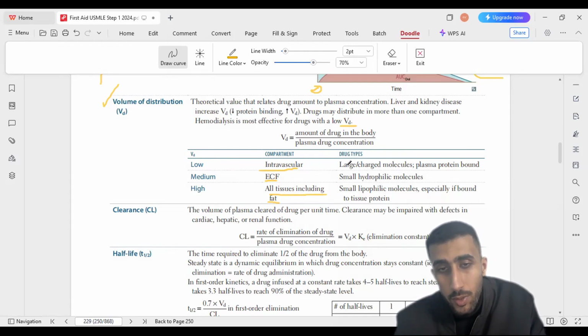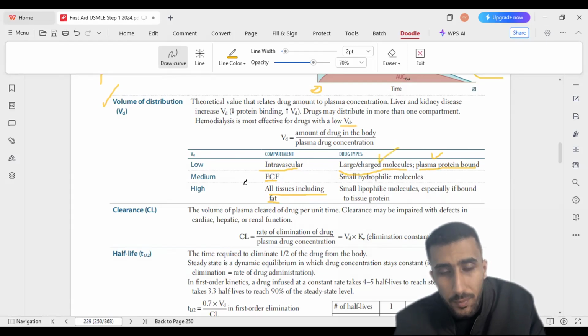For a drug to have low volume of distribution, it just means it stays intravascularly. It has to be a large charged molecule, which will not be able to pass through the vessels and go into the extracellular fluid, or it may be plasma protein bound. The plasma proteins are just capturing it in the circulation, either plasma protein bound or a large charged molecule.